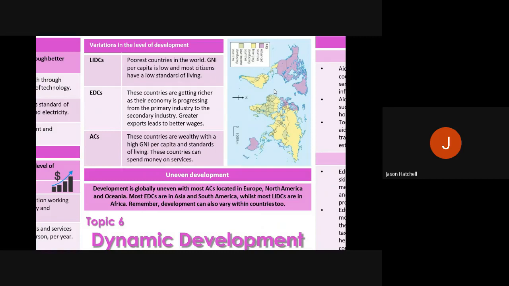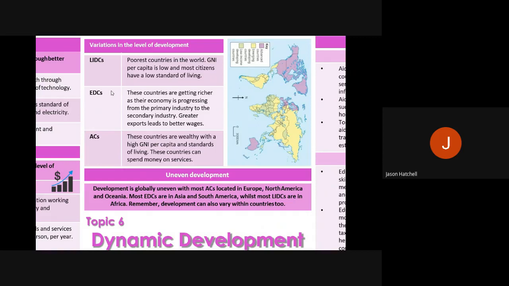So if we think of some of the ACs in the world, that includes most of Europe and North America, and also Australia and New Zealand as well. Okay, so these are the richest nations of the world. We then have EDCs. Now think of these as middle countries. These are countries that are growing rapidly, but are not quite advanced yet. They're not quite wealthy yet.